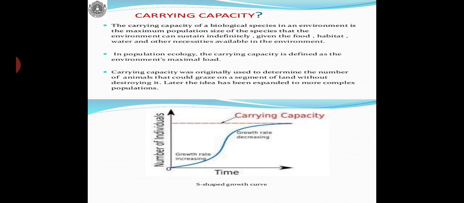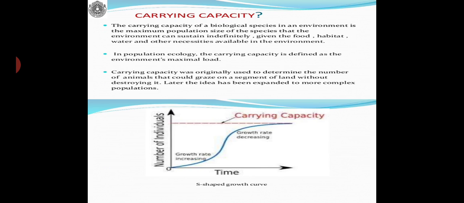In population ecology, the carrying capacity is defined as the environment's maximum load. Carrying capacity was originally used to determine the number of animals that could graze on a segment of land without destroying it. Later, the idea has been expanded to more complex populations.